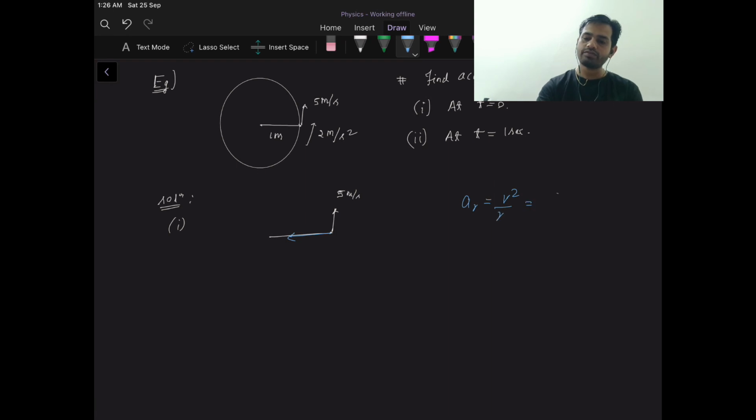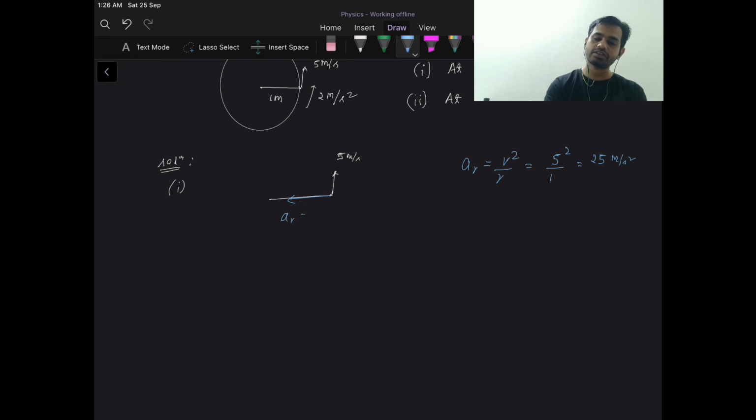V is 5, so it is 5 square divided by r, which is 1. So, this value will be equal to 25 meter per second square. This will be the radial acceleration. And what is the value of tangential acceleration? The tangential acceleration will be in upward direction, and it is equal to 2 meter per second square.